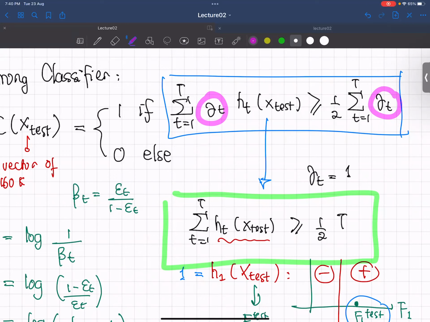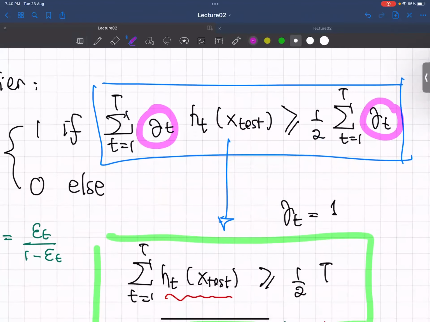A classifier that is 50-50 in terms of quality will not be considered in the decision in the test stage. Okay, so again, here HT is not uniform. We have some weights as well in your weak classifier. The good weak classifiers will take a more important role than bad classifiers.